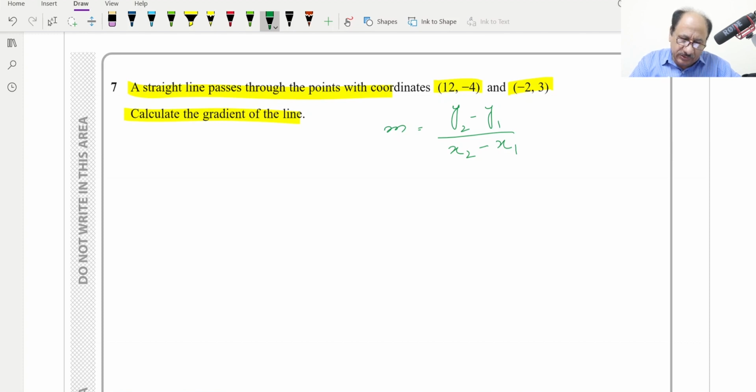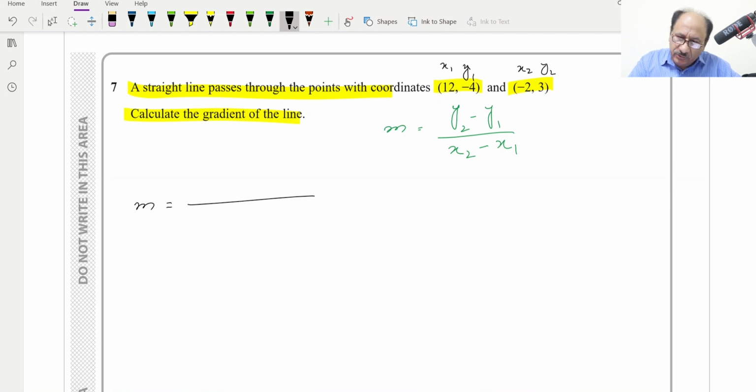And we can take these values. M is equal to y2, we can take any of them, so we will take x1 y1, and x2 y2, and now we can use these values.